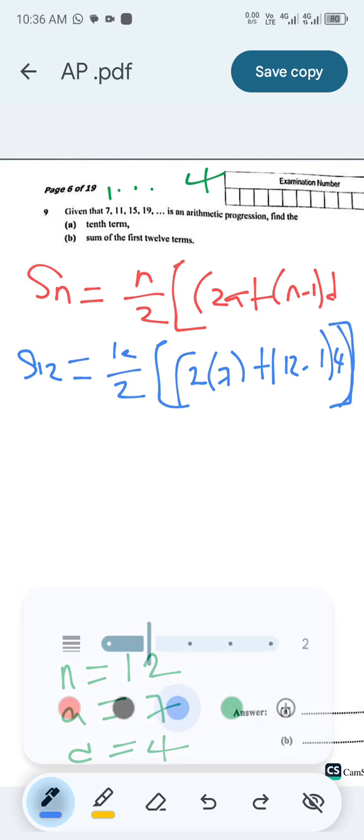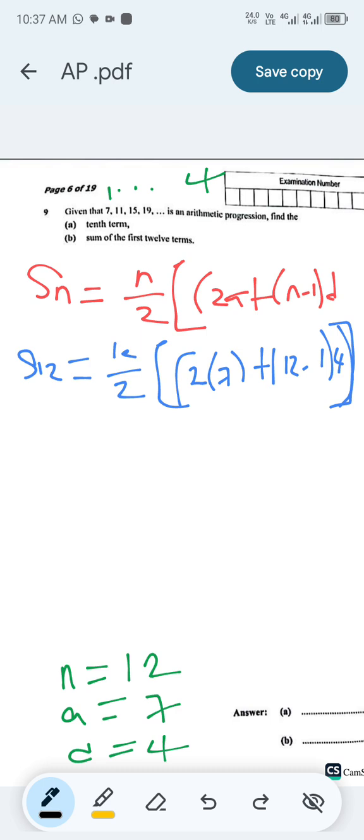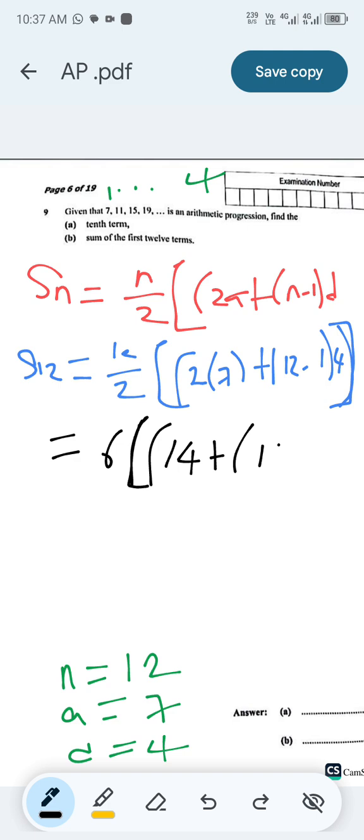So from here, all we need to do is simplify this further. So we are going to have 12 divided by 2, that's 6. Then 2 multiplied by 7, that's 14. Plus, what is in the bracket? 12 minus 1, that is 11.